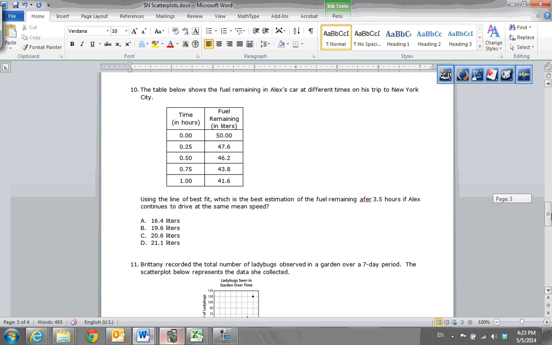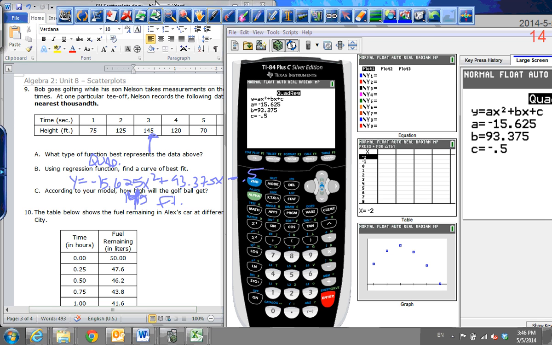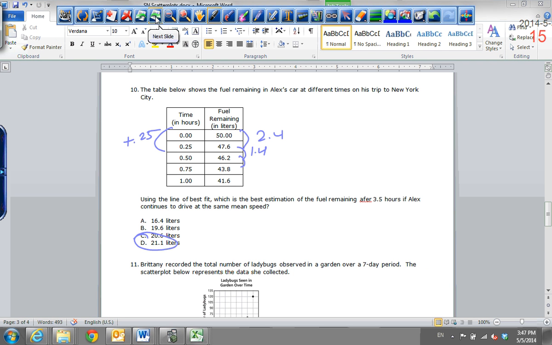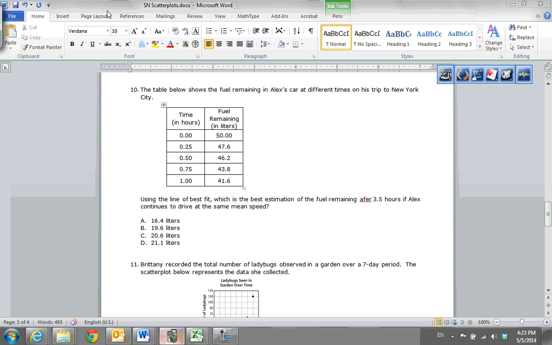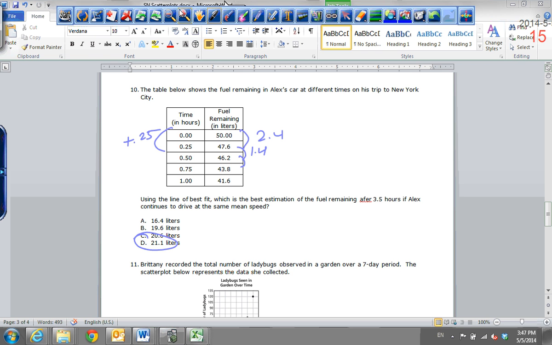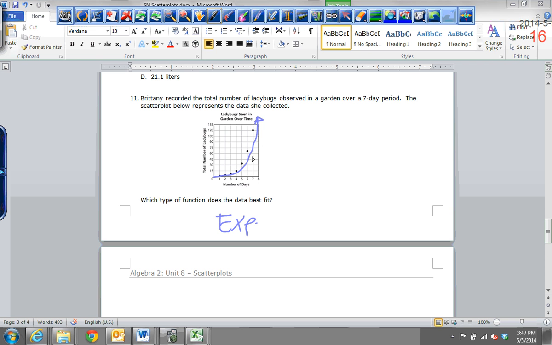Number 10, if you do the work, the answer is going to be 410. So the answer is D. And then number 11, if you look at it, go up by the x's, the y's are going down, roughly about the same amount. So you can guess and check or put it in the calculator. And number 11, it's an exponential.